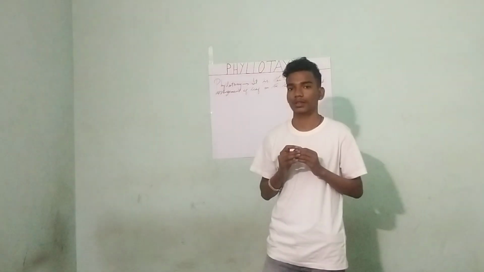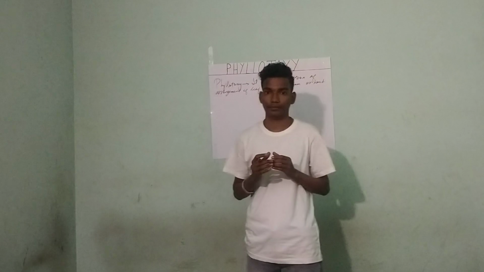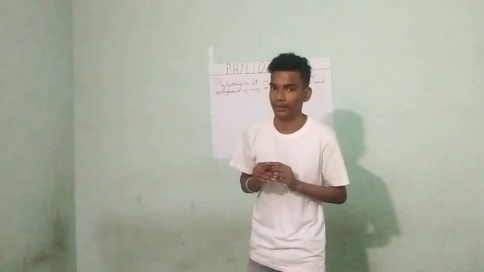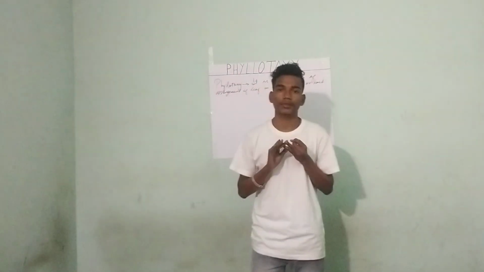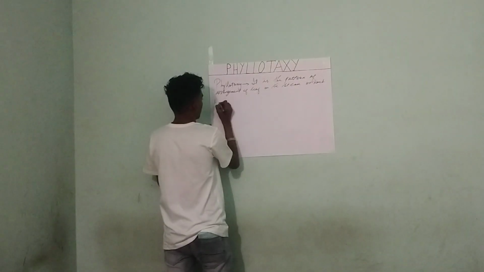As we know, photosynthesis is carried out by the plant. Phyllotaxy is generally of three types, that is alternate, opposite and whorl. So here we go. Number one, alternate.